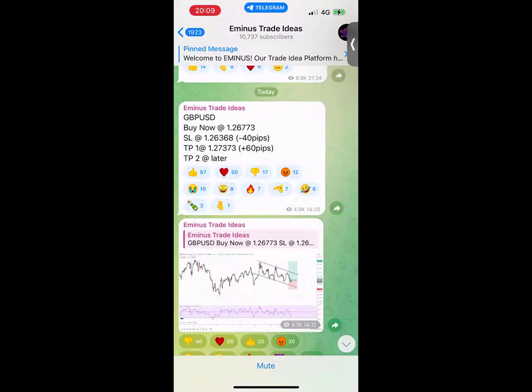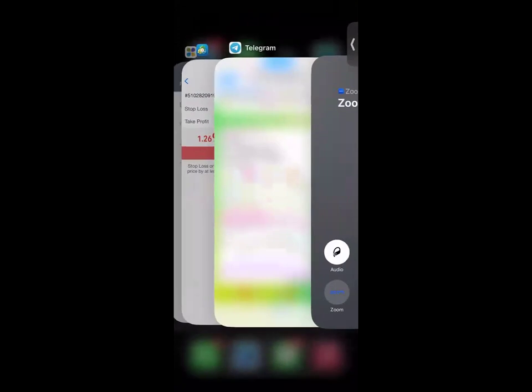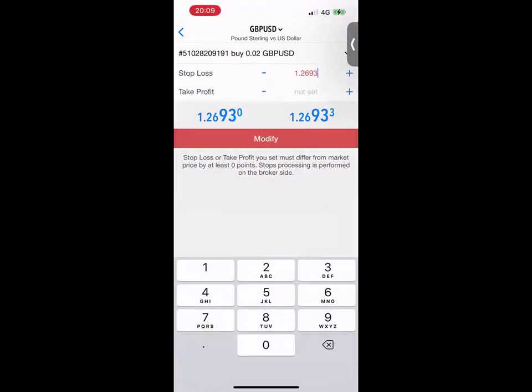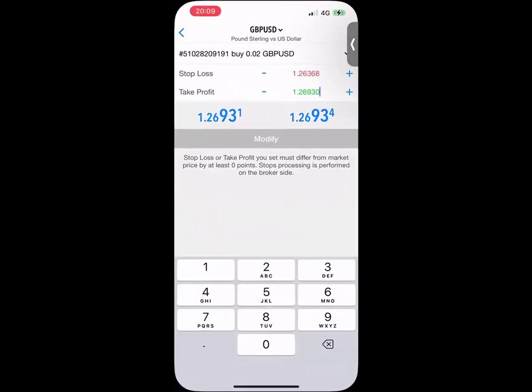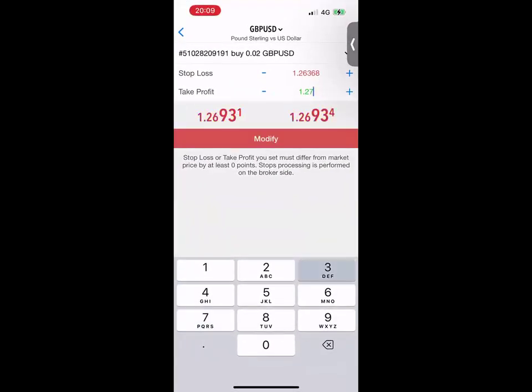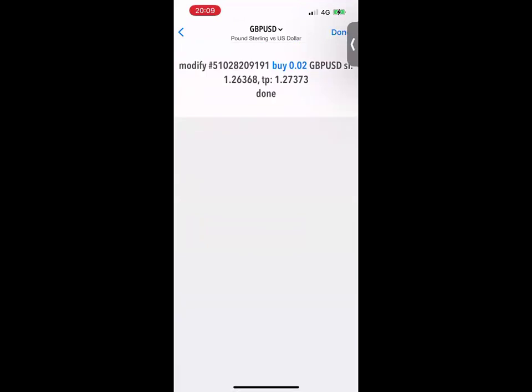Take profit is 1.27373. Okay, modify. Click modify.